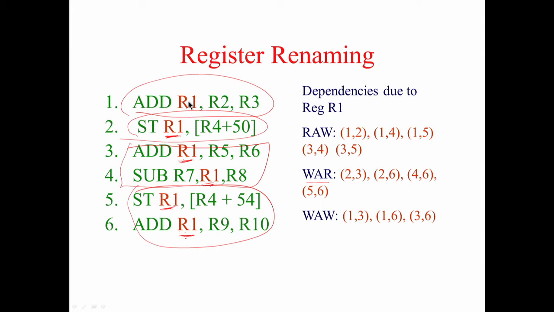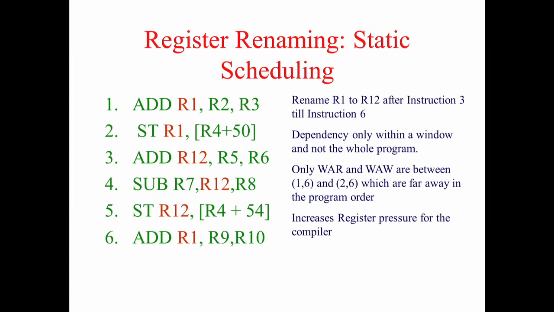The life of R1 again starts at 3 and ends at 5, because at 6 somebody is again writing into R1. So for the other lives of R1, I will replace it with some other register. For example, these R1s I replace with R12. Are you following what I am saying? These R1s I replaced with R12.